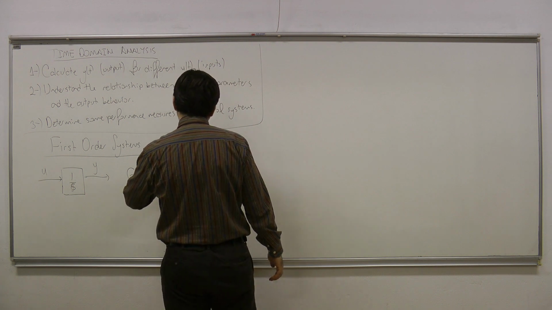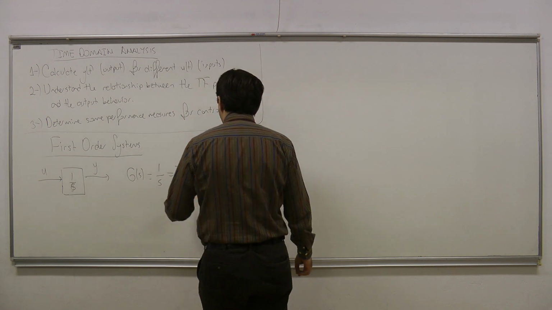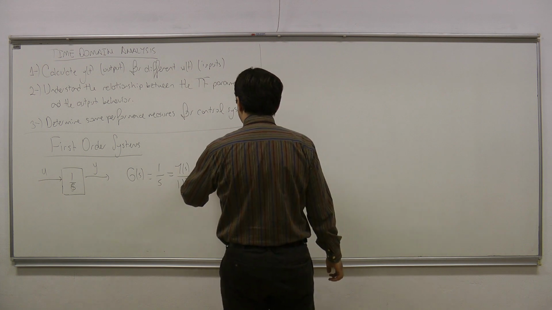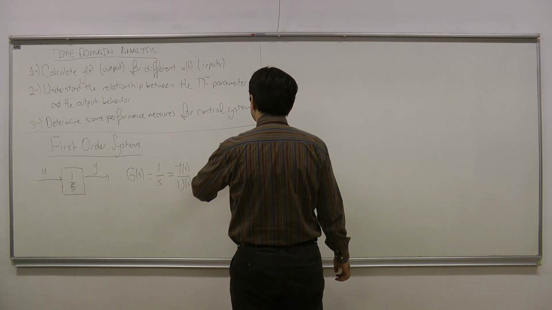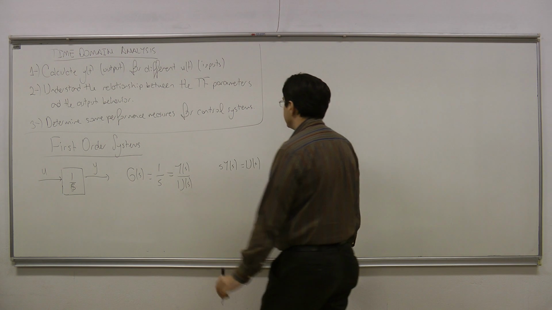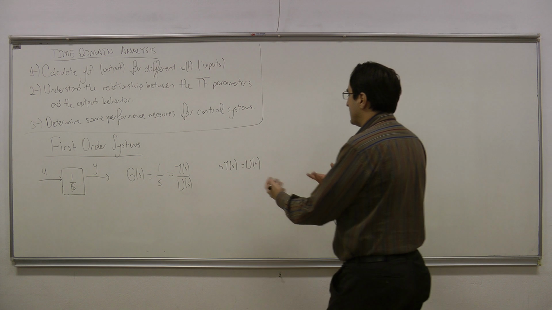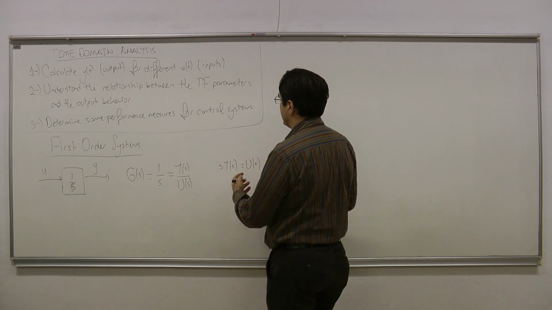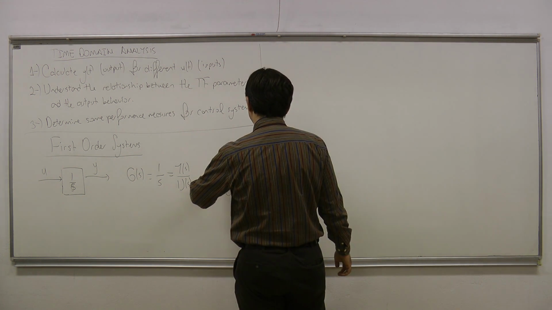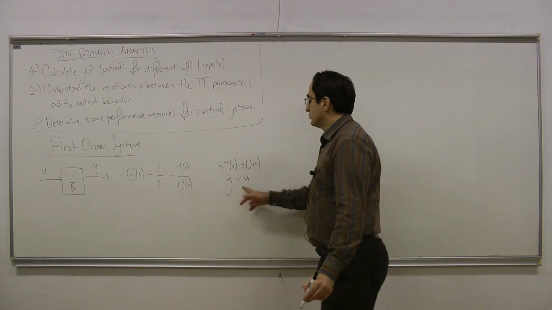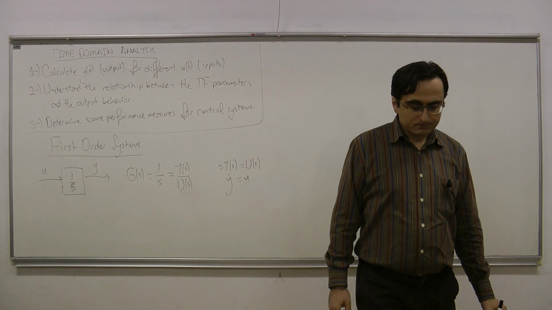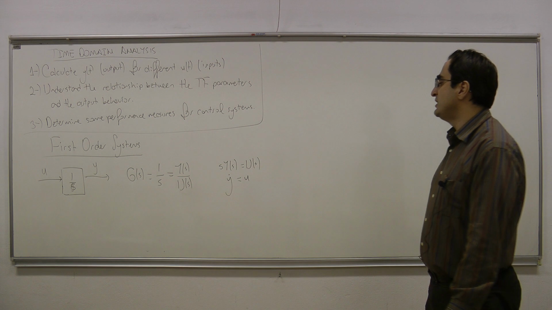So we have Y(s) over U(s), and if I write this equation in the following form, s times Y(s) is equal to U(s). So we see here that if I go into time domain, I'm going to obtain the equation y dot is equal to u. So the derivative of the output is equal to the input.